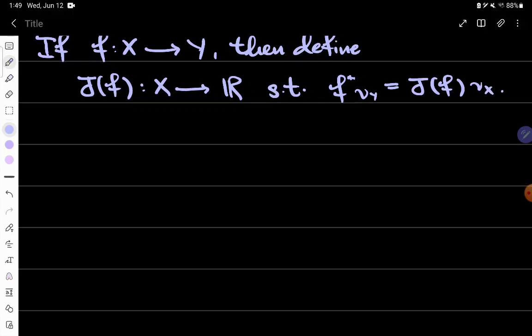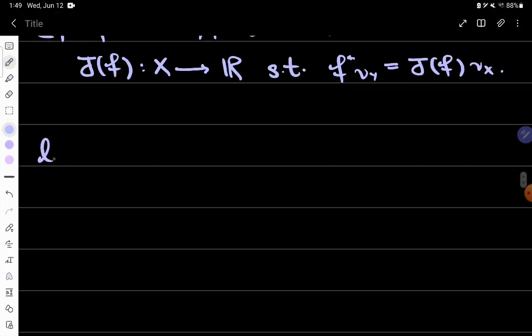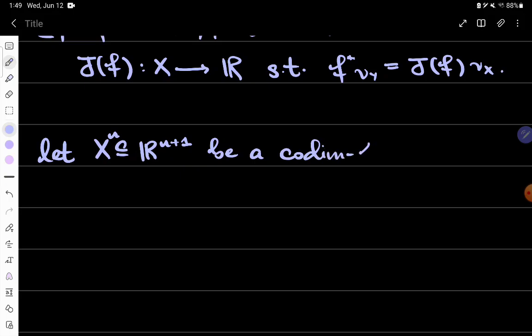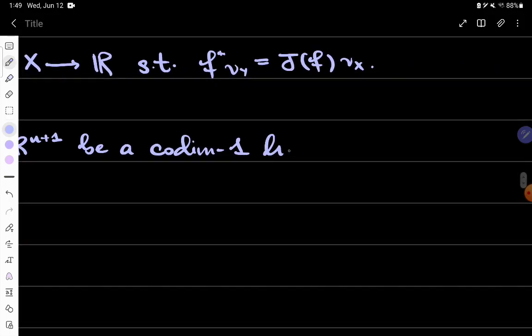So now we're going to talk about curvature and the Gauss map. So let X in R^(n+1) be a codimension 1 hypersurface.